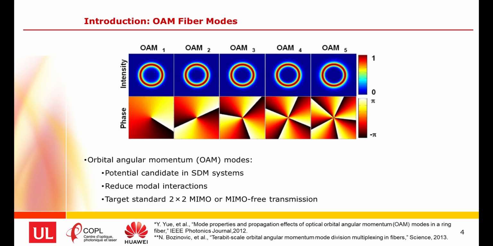So, for instance, they're targeting 2x2 MIMO or completely MIMO-free transmission in spatial division multiplexing, and this is what distinguishes it from exploitation of linearly polarized modes. And so we can see that if we want to exploit these for MIMO-free operation, of course it's important to be able to model exactly what the degeneracy is within the fiber.